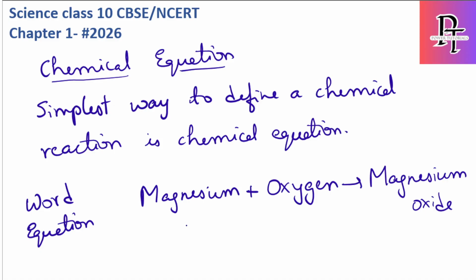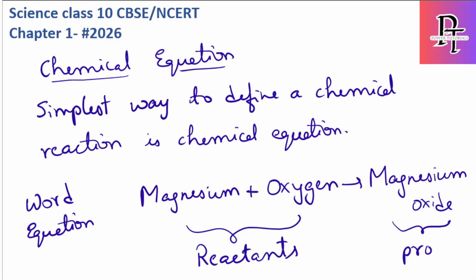The left side, which are present, are called reactants because these are getting combined to form something, and the right side, whichever is present, are called products. The plus sign indicates combination, and the arrow mark indicates direction. So these two reactants are getting combined to form a single product.